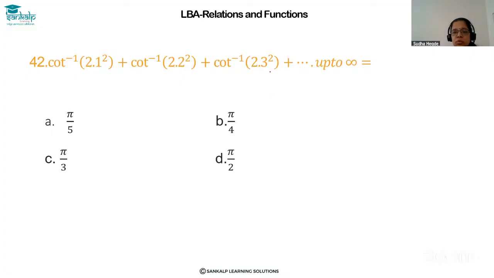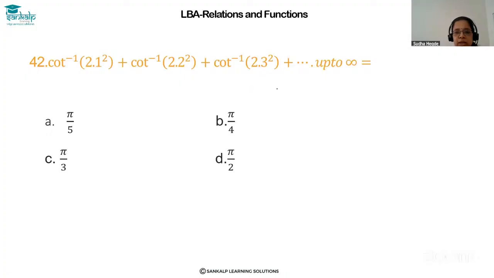Okay. So first of all, you can rewrite this in terms of tan inverse and use generalization and the formula, you can get the answer very easily.